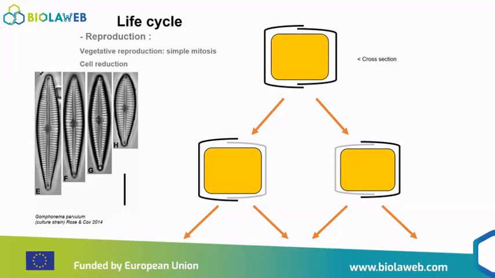But in fact, they studied a particular species which is called Gomphonema parvulum, a very common species in rivers. So they put it in culture, and day after day, they can see that there is a mitosis and this cell size reduction. So this is the same species. Here you have the mother cell, and here the youngest cell, let's say.